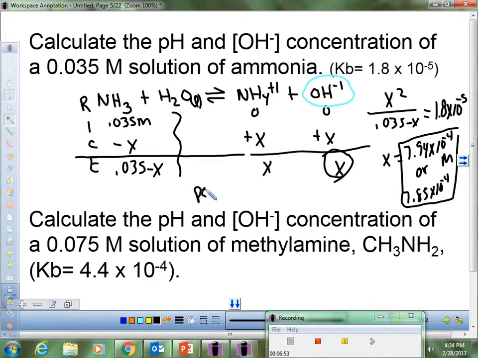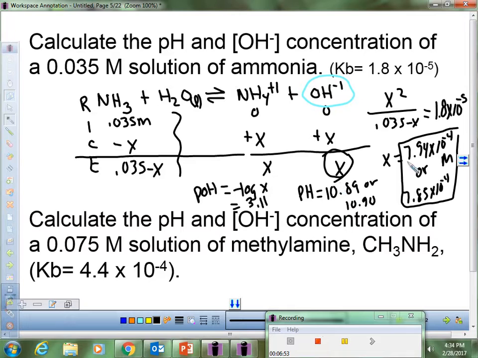So we have to find the pOH first by taking the negative log of our x and then subtract it from 14 to get our pH. And so our pH should be 10.89 or 10.90 depending. When you do the pOH you get 3.11 or 3.10 depending on which x you use, but really close to the same number.